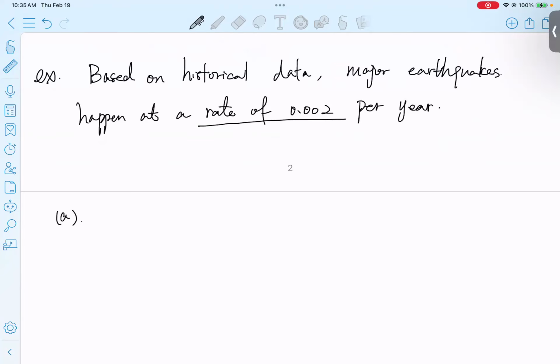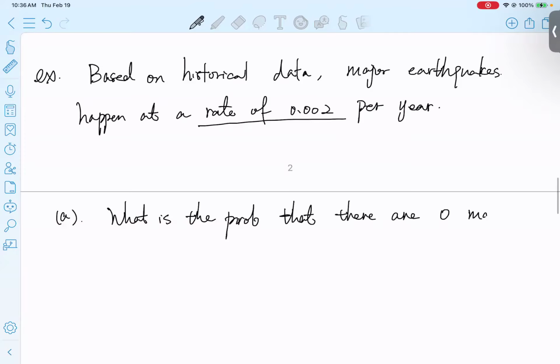So let's say question A: what is the probability that there are 0 major earthquakes next year?